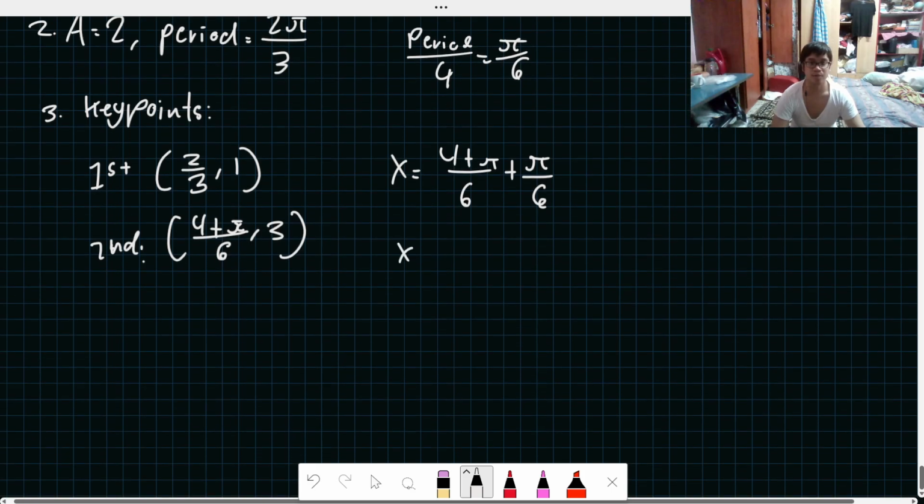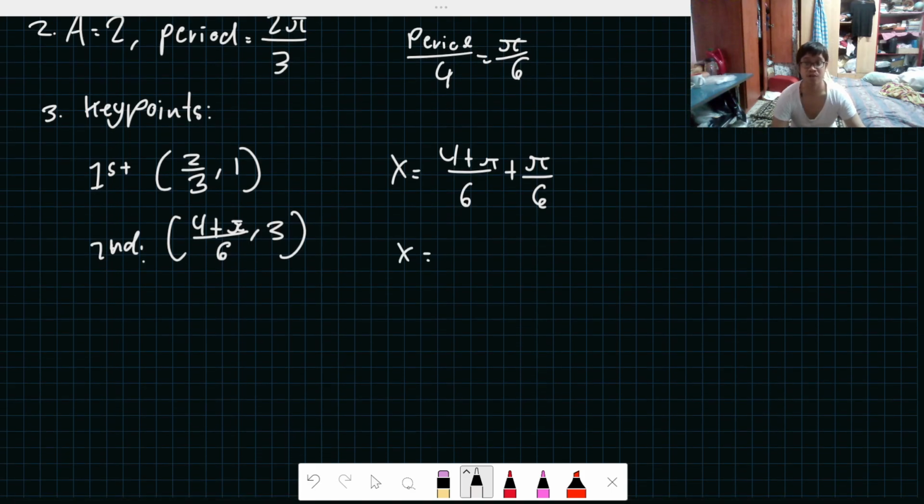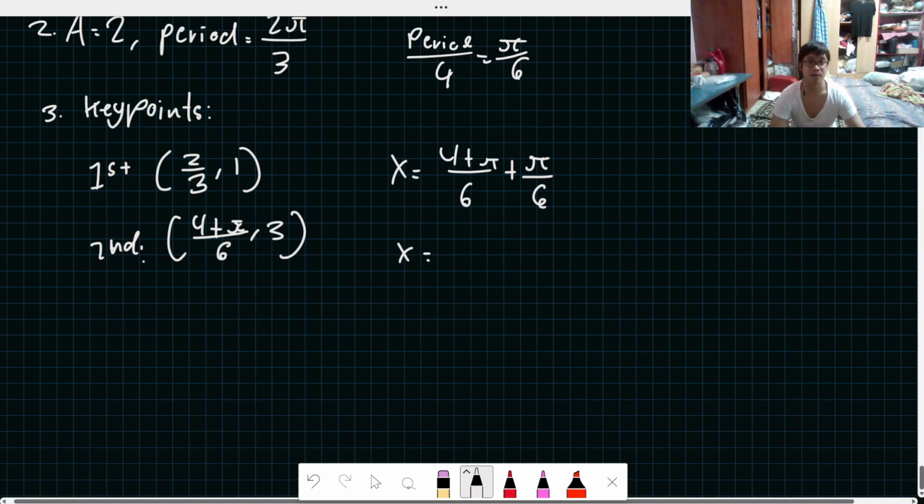Here, if you're going to add two fractions that have the same denominator, all you need to do is add the numerators, then copy the denominator given, which is 6. So here you have 4 plus 2 pi all over 6.